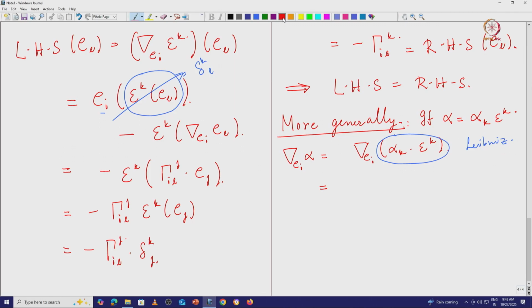Okay, in particular that means that this is simply EI acting on alpha k times epsilon k plus alpha k times the covariant derivative of epsilon k with respect to EI, which is just this times epsilon k plus alpha k times whatever our claim is, which is minus alpha k gamma ILk epsilon L. Okay, so in other words, I can combine terms and write this as the following.